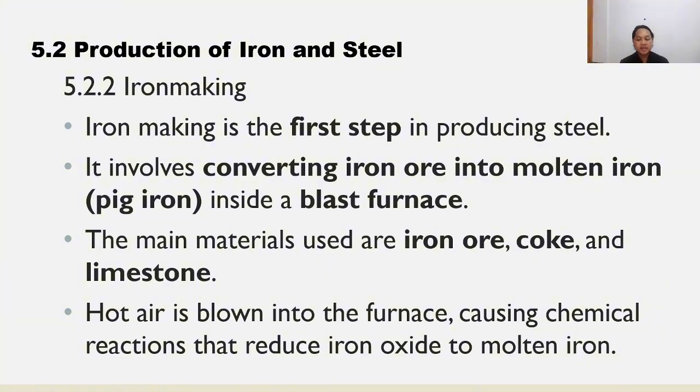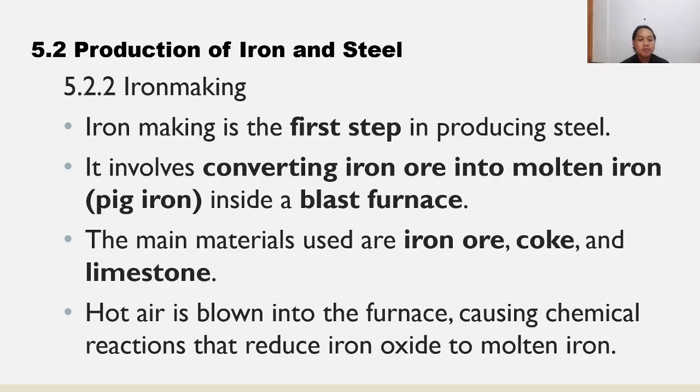Next, we have iron making. The three raw materials described previously are dumped into the top of a blast furnace, as in figure 5.1, an operation called charging the furnace. Iron making is the first step in producing steel. It involves converting iron ore into molten iron inside a blast furnace, and the main materials used are iron ore, coke, and limestone.